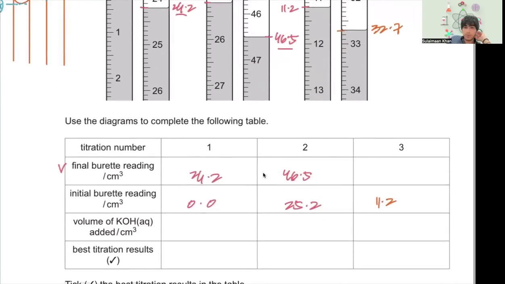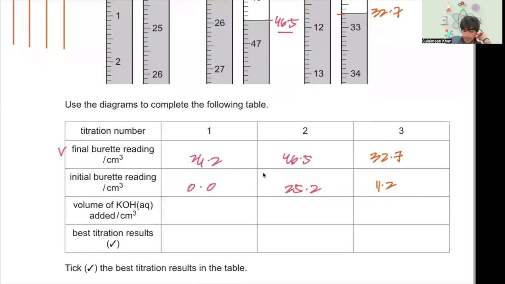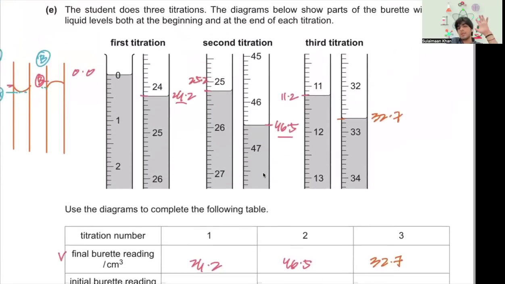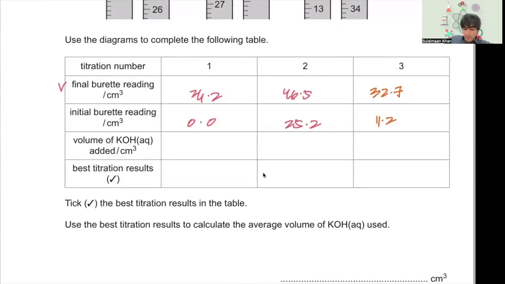The final is 32.7, right? Makes sense? Okay. Don't remember meniscus, just remember wherever most of the curve lies, you'll take that. So in part A, the curve lay at the bottom, and in part B, the curve lay at the top.